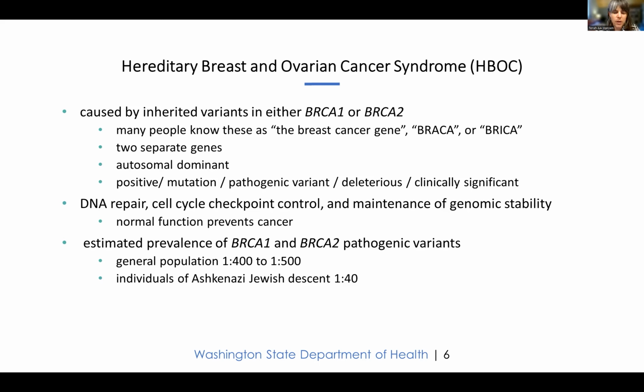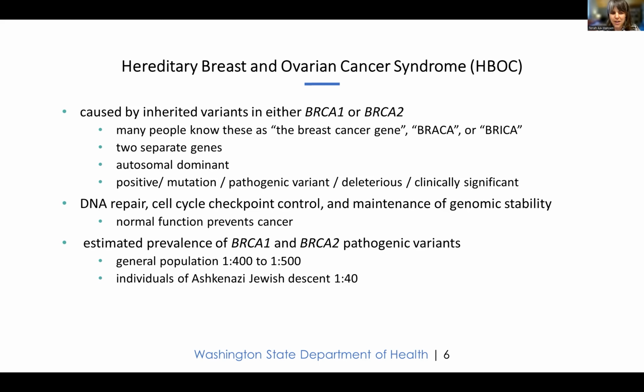Many people are familiar with this condition, both providers and patients, but some basic concepts to review would be that there are 2 genes that can cause this condition, known as BRCA1 and BRCA2.